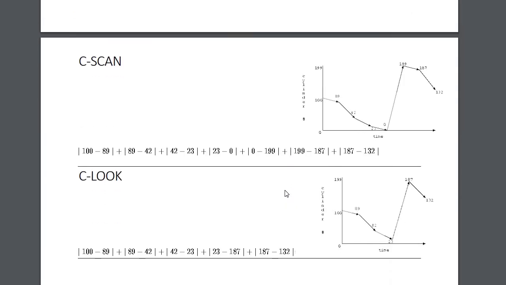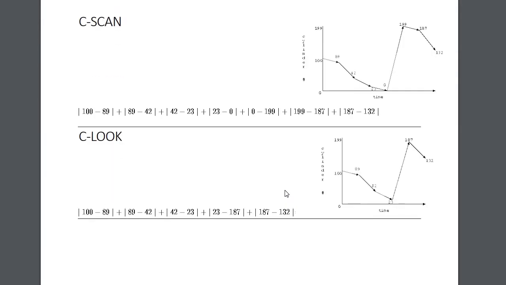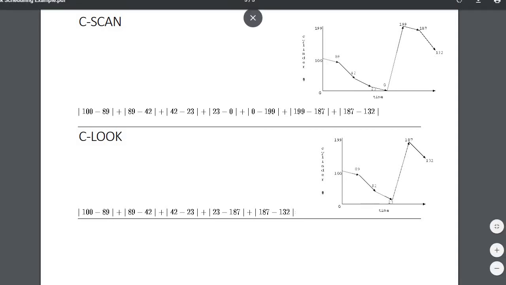Then there is another scheme of this scheduling, that is circular SCAN, or we can say C-SCAN in short. This technique helps us in this way: it reads the cylinders only in one particular direction. So if we are moving inward and reading inward, it always reads in the inward direction.